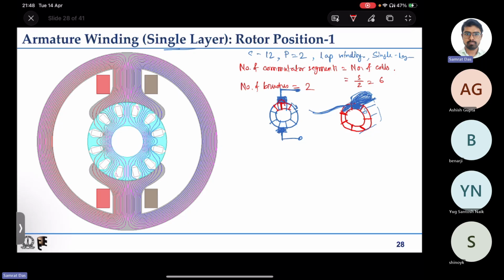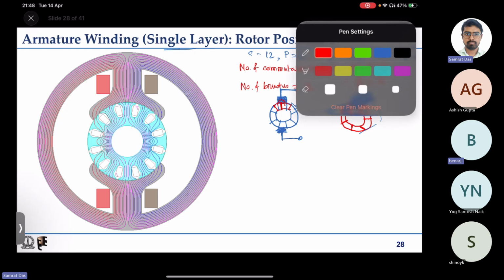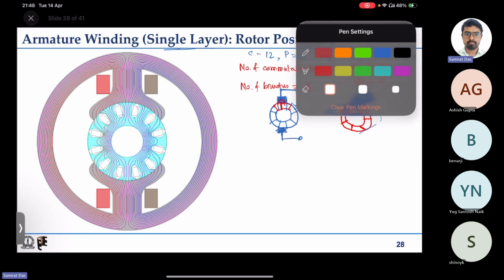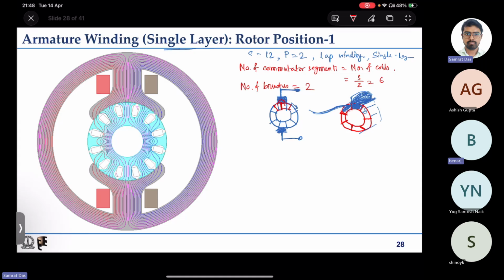In case of double layer winding also, the number of commutator segments is equal to the number of coils.